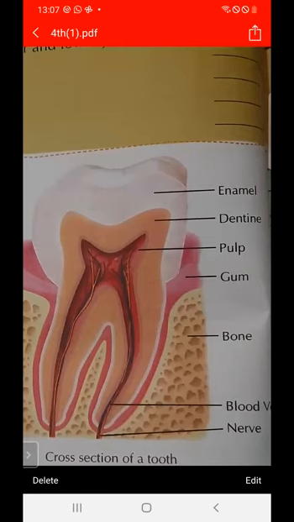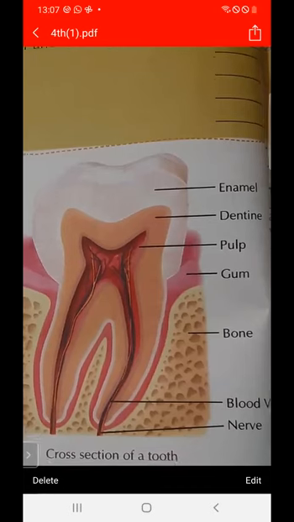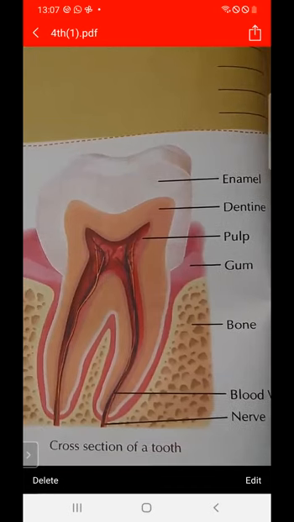It helps in chewing the food. Dentine protects the pulp. And what is the function of pulp? The tooth gets nutrition from the pulp, and it contains the blood vessels.